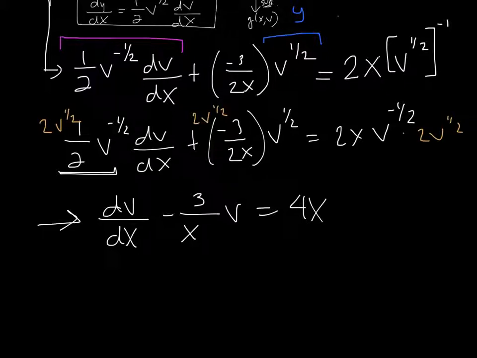If you want, you have a page of notes on your exam, so you can write that equation down and input the values. But I encourage you to learn how to use the substitution because it's going to help you, especially in the next chapter.